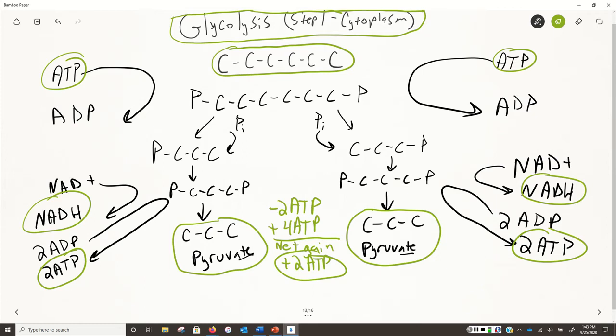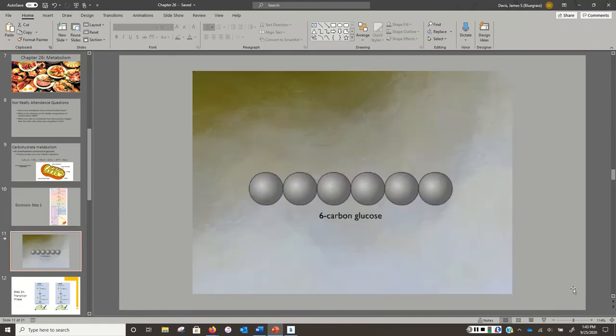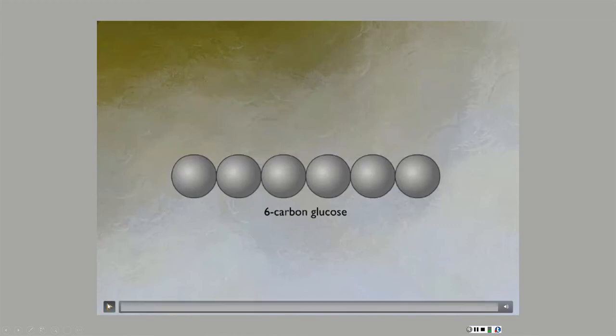So let's go back to our PowerPoint and watch a bit of a video. Now, I don't think it plays the sound, but this is included in your lecture. This is just going to show what happens during glycolysis. And again, remember they use these little black circles to represent carbon. We used those C's, same thing.